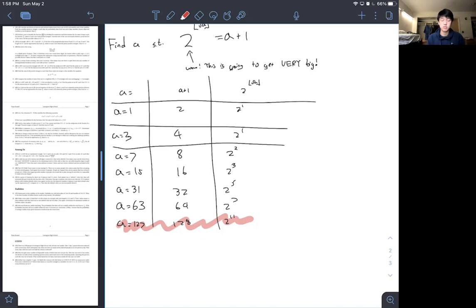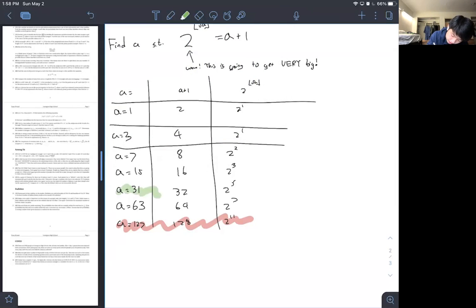You could technically prove this more rigorously by bounding it with induction, because going from 127 to 255 doubles here, but over here it's going to more than double. But this is not a proof problem. So at this point, it's not going to work.